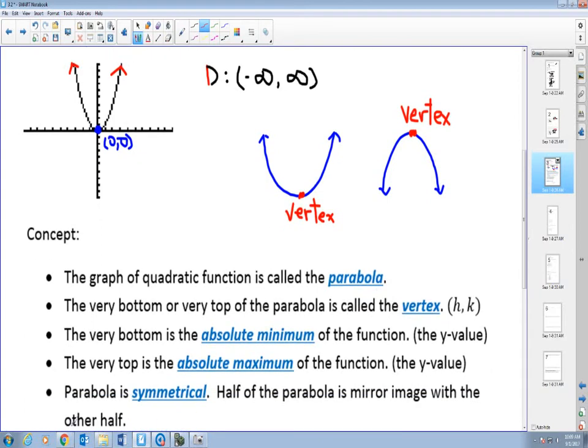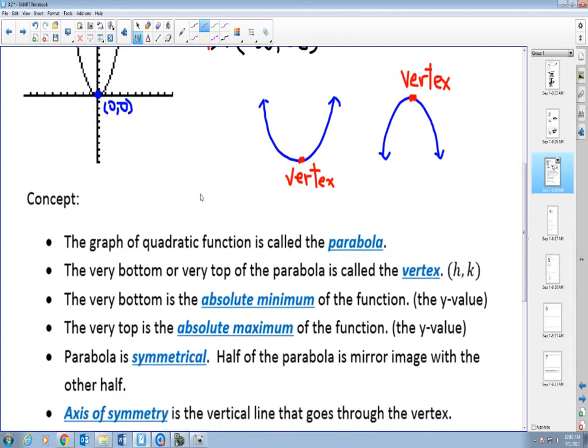Okay, and as you can see, this parabola is symmetrical. That means one half of the parabola is a mirror image of the other half. That means I can actually fold this right hand side over to the left side, fold along the y-axis.